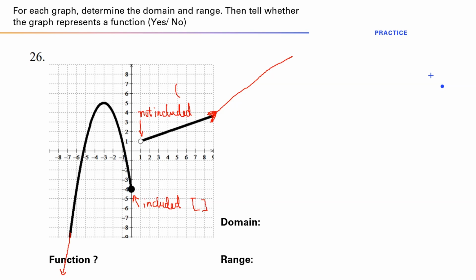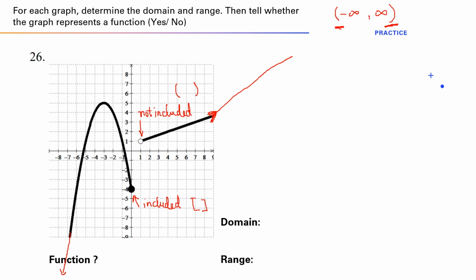When not included, we use a parenthesis. Also, negative infinity and positive infinity always use the parenthesis. Always the parenthesis.